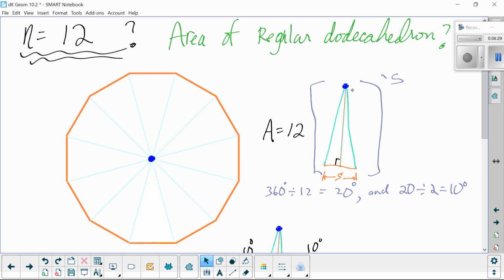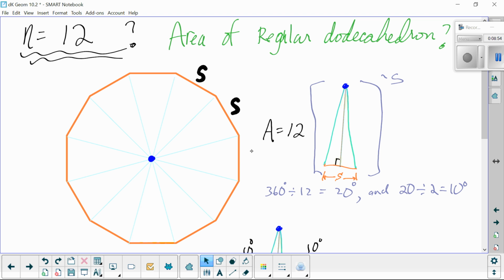Knowing that this is the center right here, and knowing that the area of the entire 12-gon is just 12 of these triangles, I would just focus on one triangle. All right, so the side of this 12-gon is S units long.